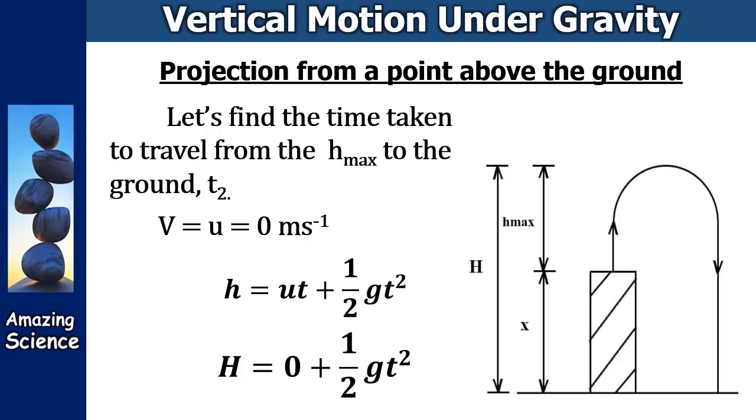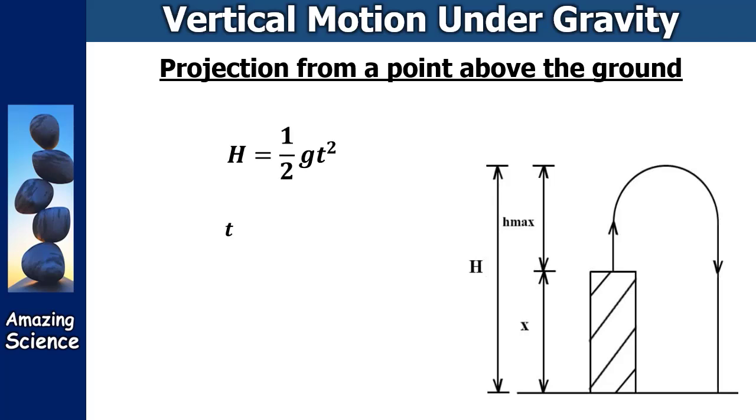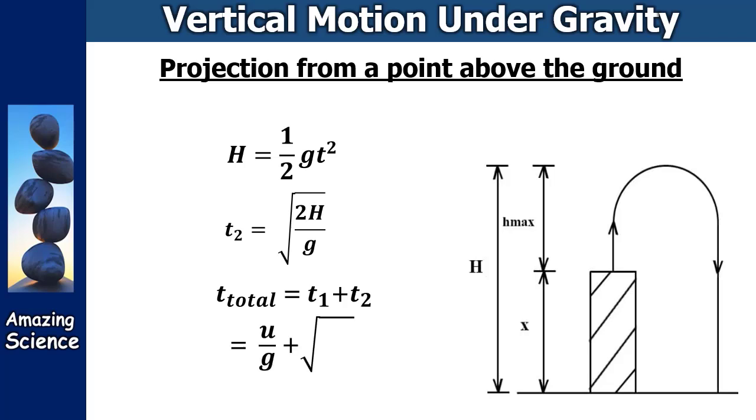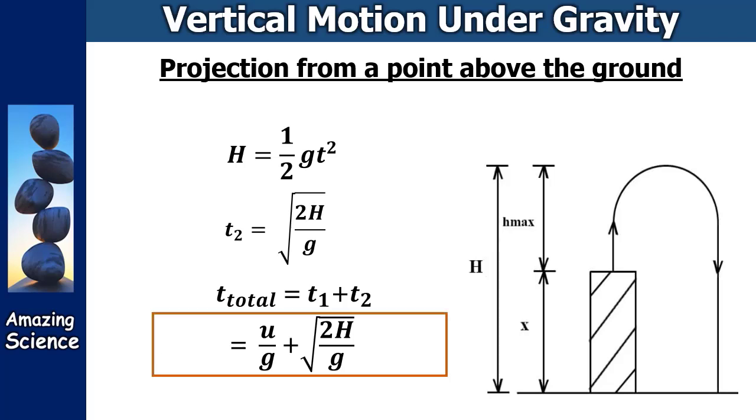So 0 multiplied by t is 0. And so we are going to have h is equal to half gt squared as the maximum height it can reach from the ground. If we make t the subject, we are going to get t is equal to square root of 2h over g, and this is our t2. So the total time taken for the body to move up and return to the ground will be equal to t1 plus t2.